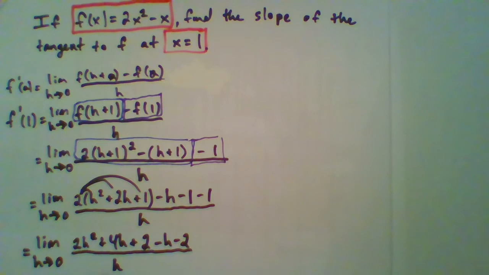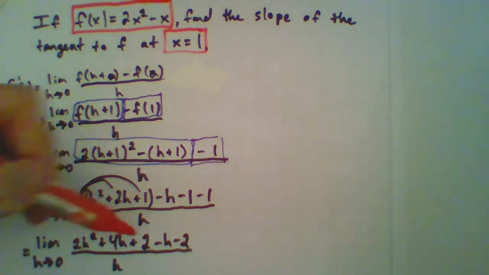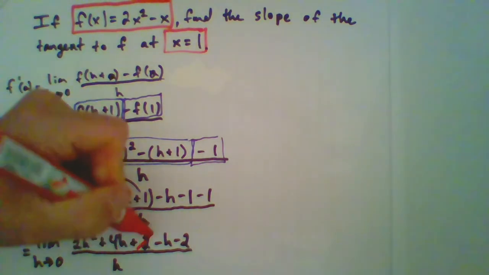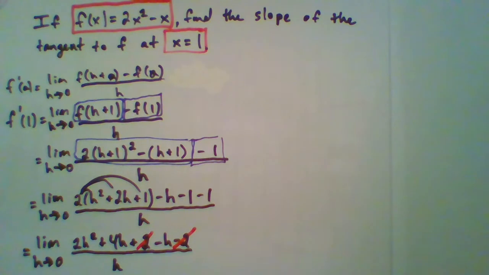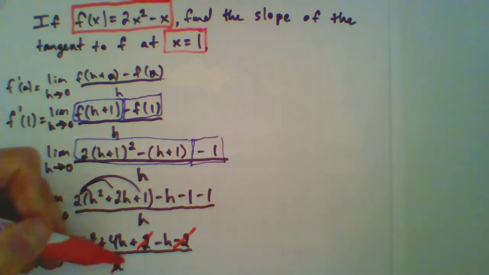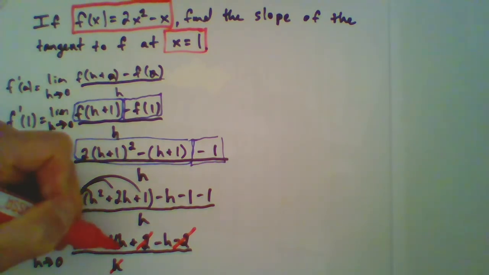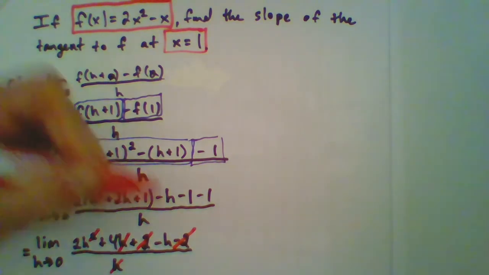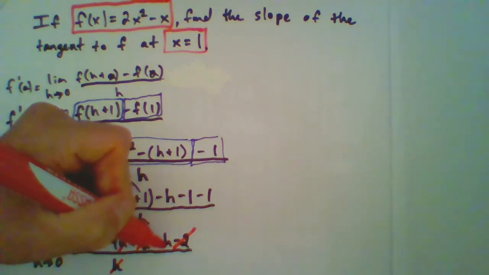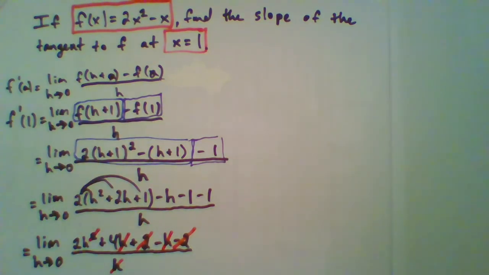Can't quite cancel it out yet, but I think we're getting close, because look here, plus 2 and minus 2, those cancel each other out. Oh boy. And everything else in the numerator has got h's in it. So I can cancel from this h, I can cancel one of these, and I could cancel the h from that 4h, and I can also cancel this minus h here, so that just becomes minus 1.